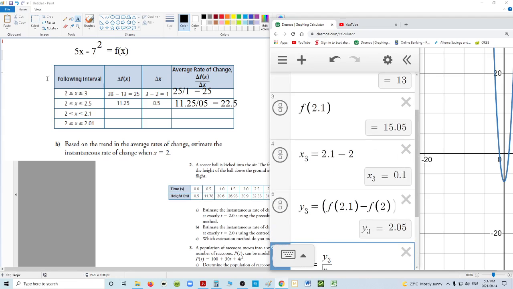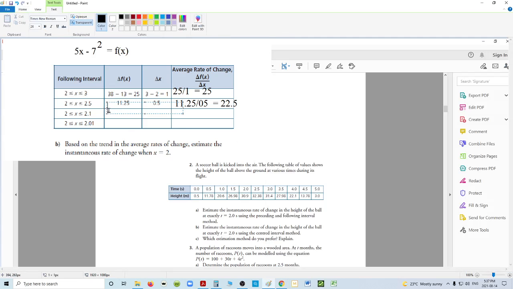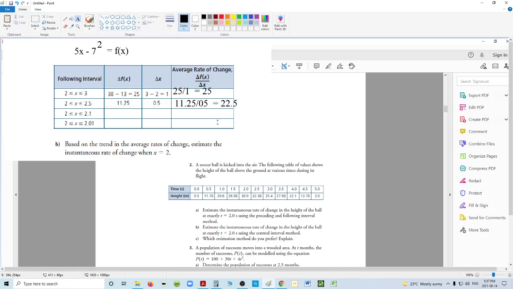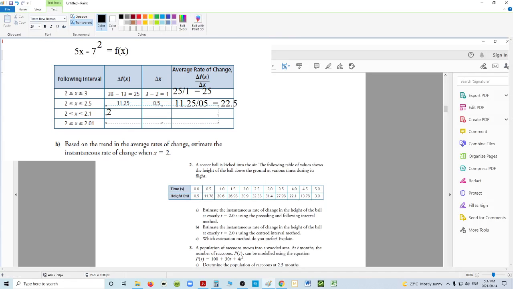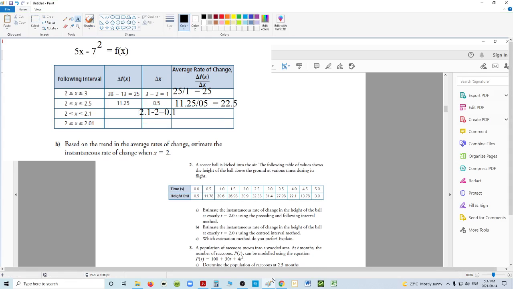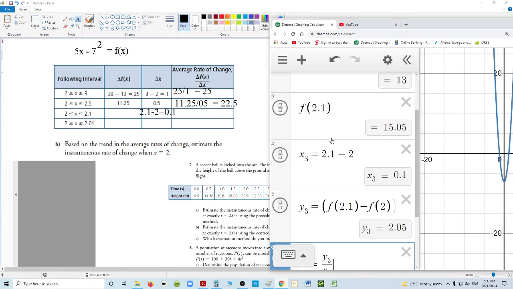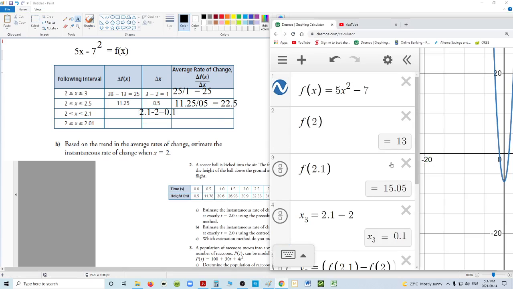So we would fill out of this table our delta x, we found it as 0.1. It was 2.1 minus 2, which is 0.1. Sorry, that's our delta x, so I'm going to put that over here. And our delta y we discovered, which was f of 2.1 was 15.05, and the f of 2 was 13.